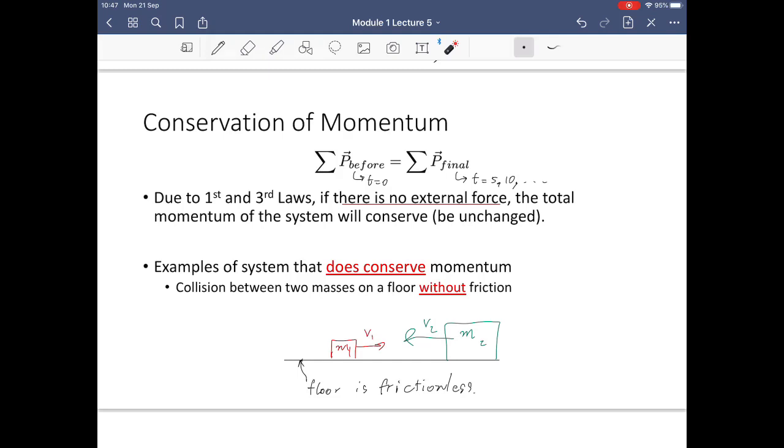But again, if you look only at part of the system, you may still see that the momentum of that system might change.